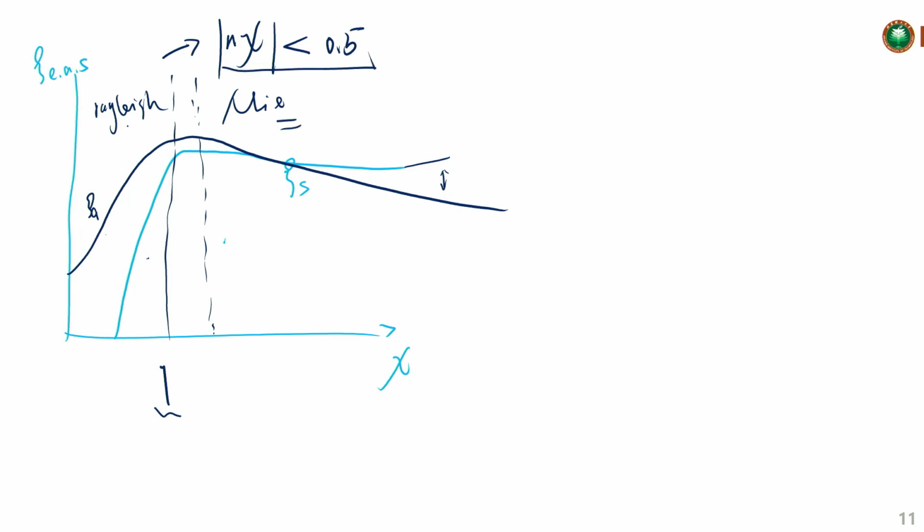And for radar, we are more concentrated on the backscattering. The backscattering for this one is 4 times chi to the power 4 times k squared, under the condition that n times chi is smaller than 0.5.